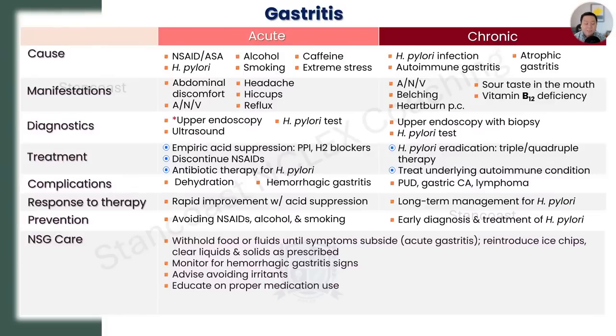Make sure that they complete the therapy, also with the use of the other medications, and educate the patient about the need to adhere to getting the vitamin B12 injections as indicated, because they really need this to prevent pernicious anemia.